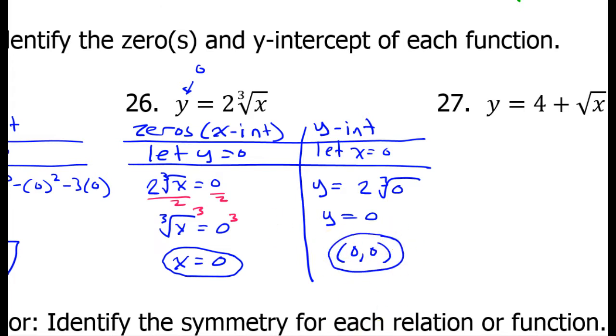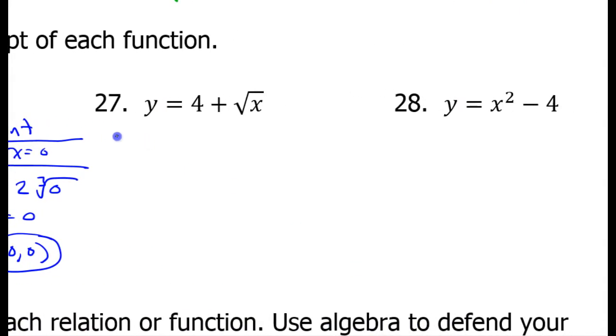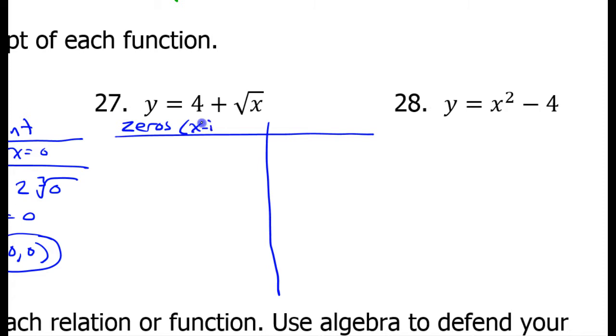Alright, let's do the same thing for problem number 27. Alright, so we will find the zeros, which are closely related to the x-intercepts, and we will find the y-intercept.